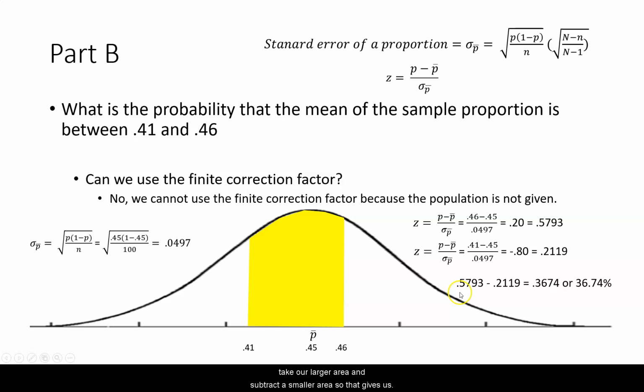So that gives us 0.5793 minus 0.2119, which gives us an area between the two z-scores of 0.3674, or a 36.74% chance that the sample proportion falls between 0.41 and 0.46.